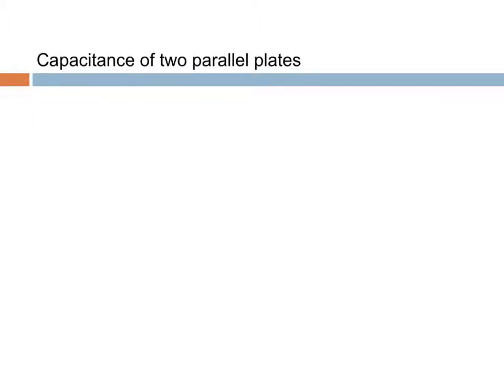And finally, our most common situation is the capacitance of two parallel plates. Now you already know the equation for it, which is epsilon naught A over d, but we're going to go ahead and derive it. So again, for two parallel plates, what I need to do is solve for the electric field between them first.